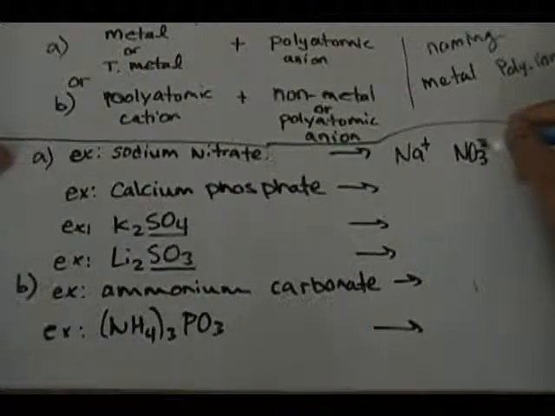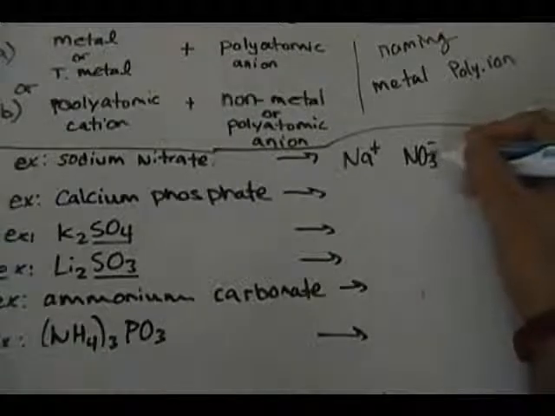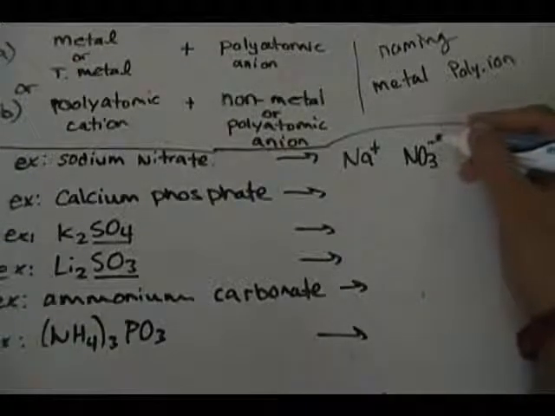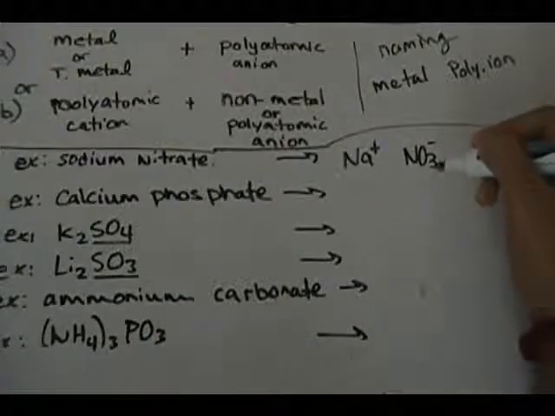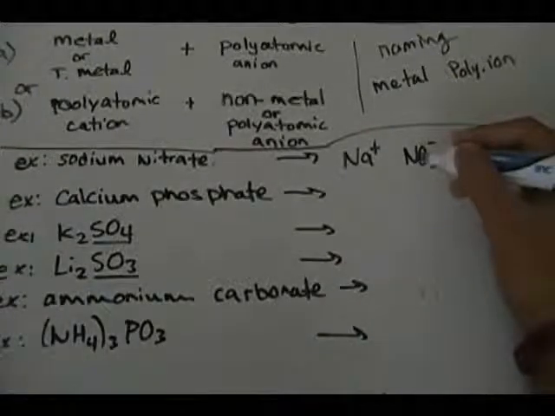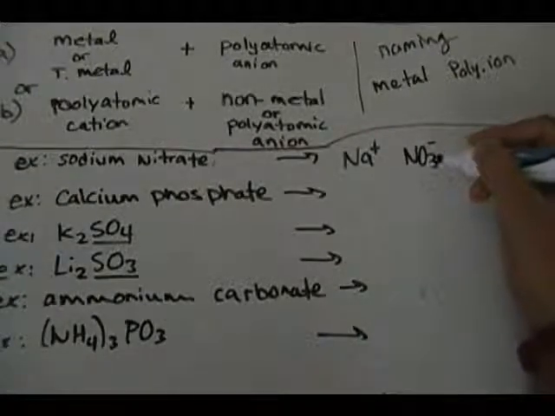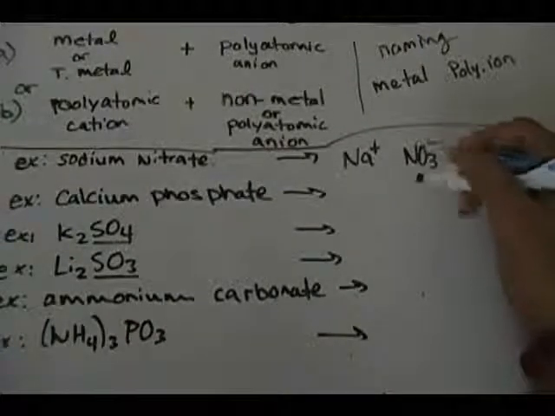You have to know that nitrate is NO3 minus. The 3 designates that you have 3 oxygens. The negative is the charge. Remember, the superscript, which is the thing up top, is the charge. The thing on the bottom is typically the amount of that specific atom you have. Now if the 3 was on this side in between the N and the oxygen, that 3 belongs to the nitrogen, then it would be that it had 3 nitrogens.